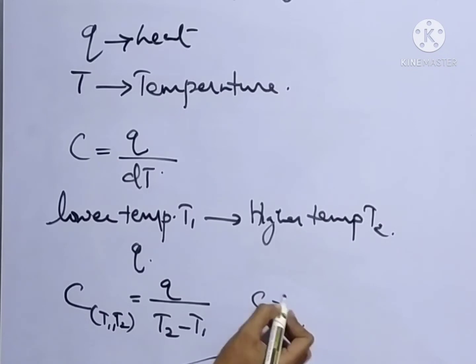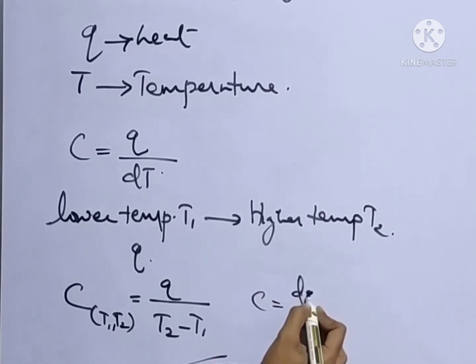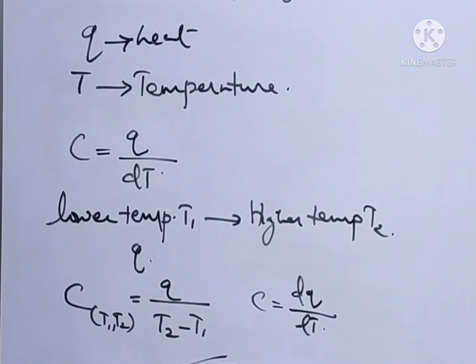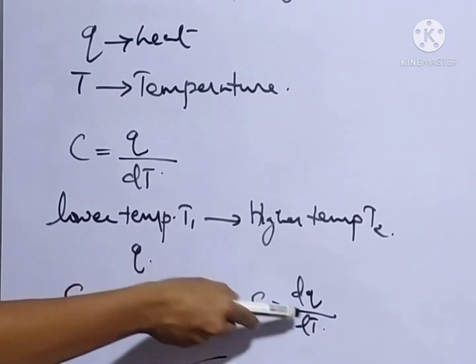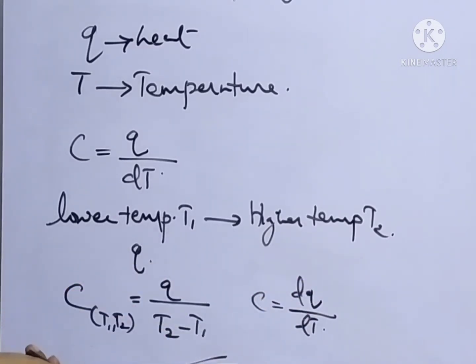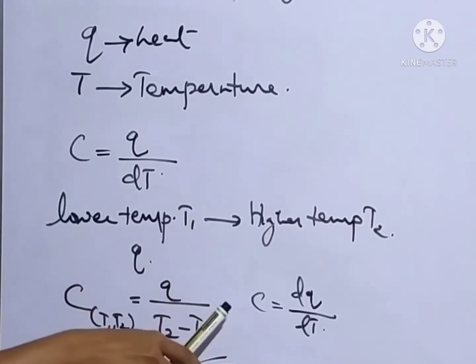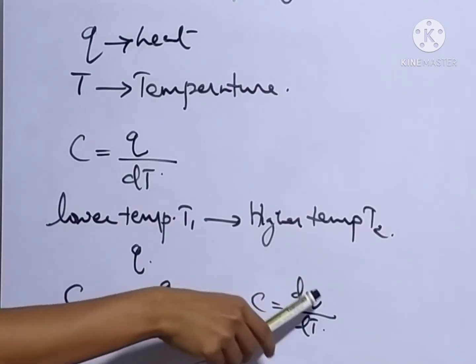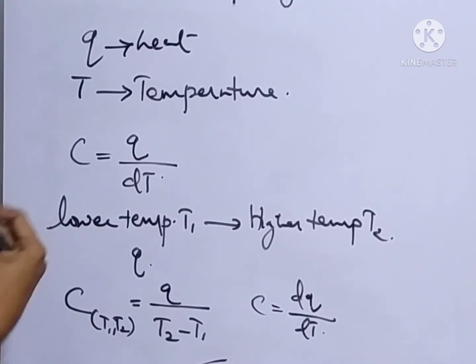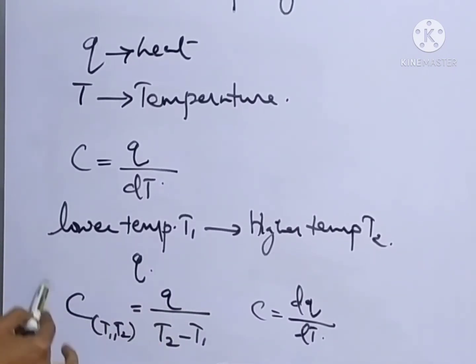Actually, molar heat capacity C is dQ divided by dT, but the amount of heat transfer during the reaction is very small, which is why they simply use Q here. So molar heat capacity equals change in heat divided by change in temperature, that is dQ divided by dT. If heat transfer is very small, we can write it in this way also.